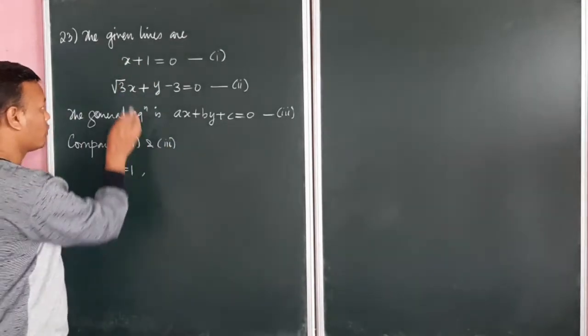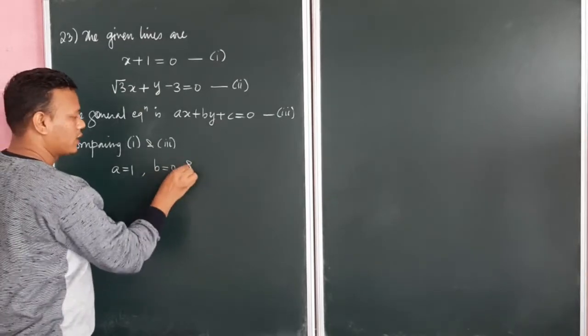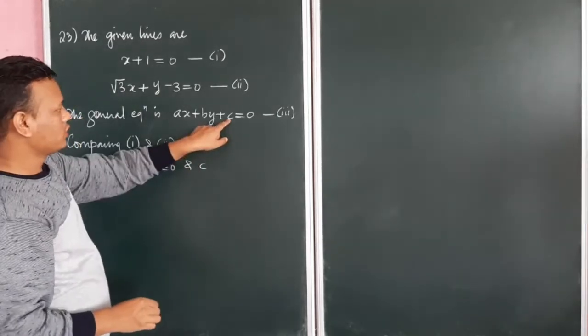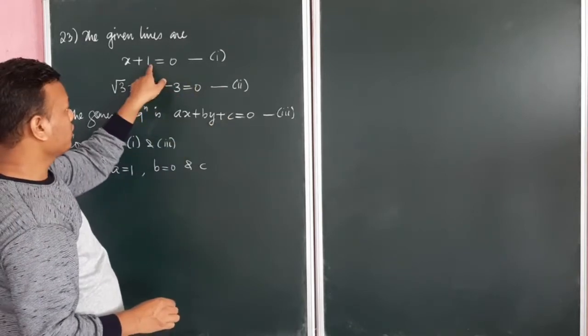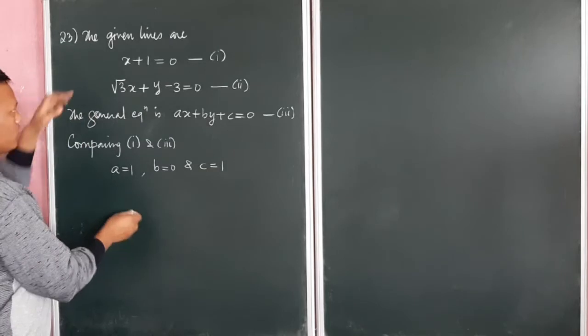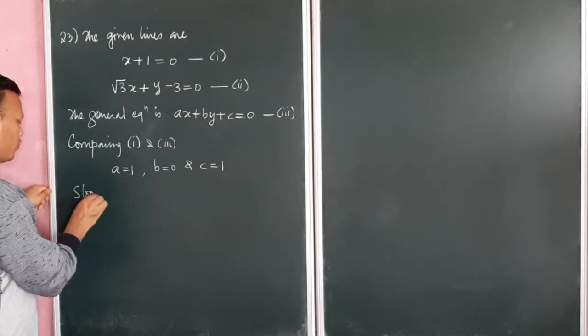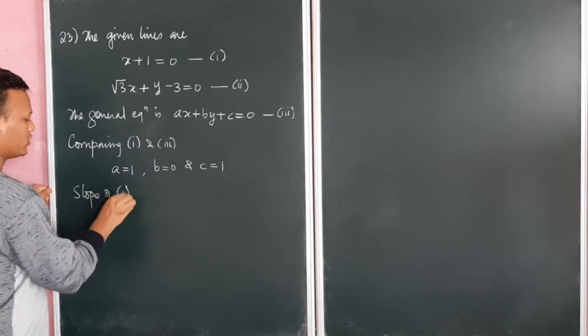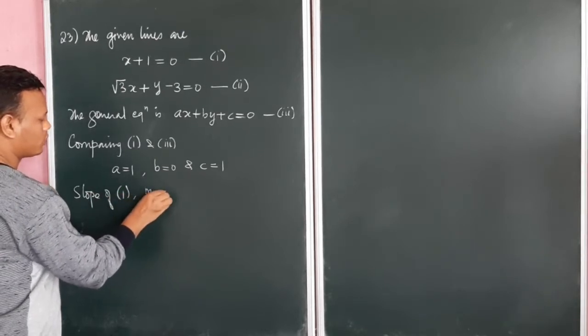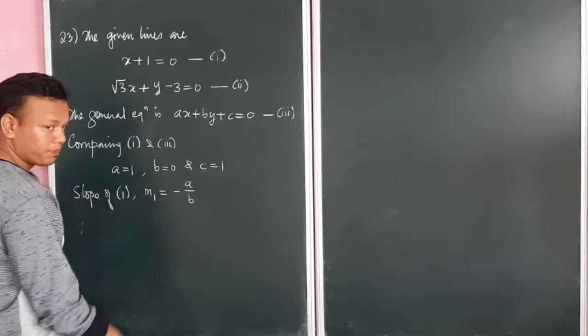Okay, so for equation 1, b will be equal to 0, and c, the constant term, is 1. So the value of c will be equal to 1. Therefore the slope of 1, let me call it m1, is minus a by b, isn't it?